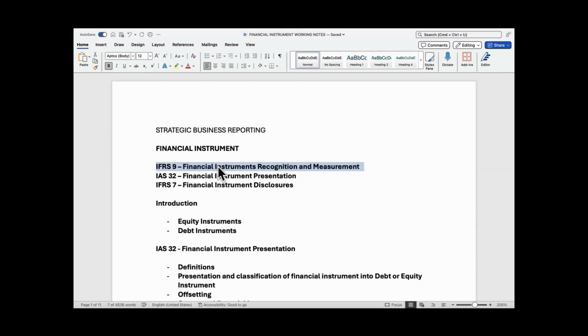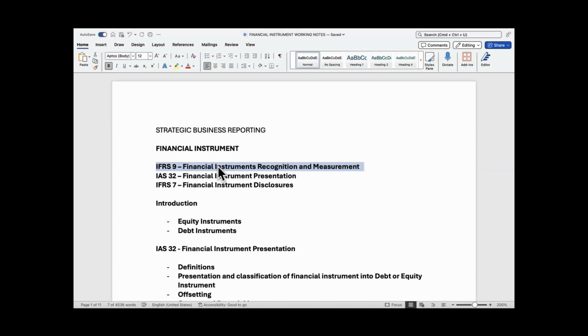Then we moved on to measurement of equity interest in another entity, or investment in equity interest in another entity. When you invest in equity instruments, it simply means you are buying shares.